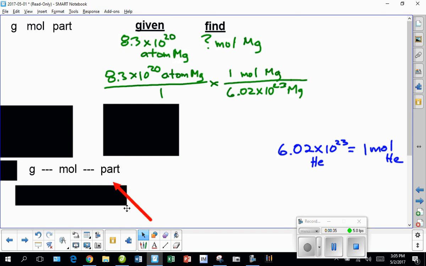Okay? Now, just like with these guys that we did here, where we were going from particles to moles, with 2 fractions, now we're going to do grams to moles to particles. That's what I just revealed there.